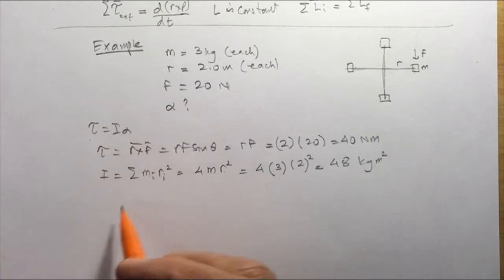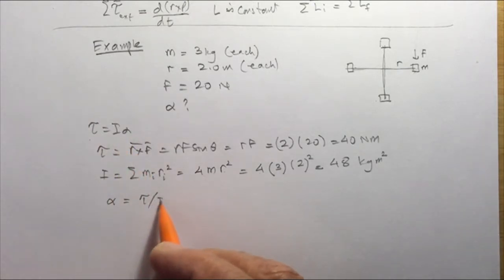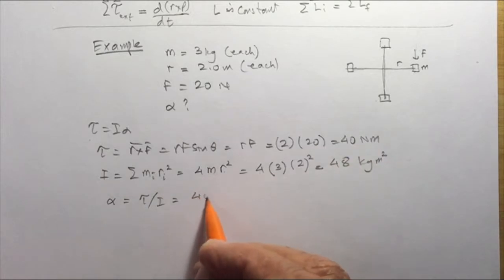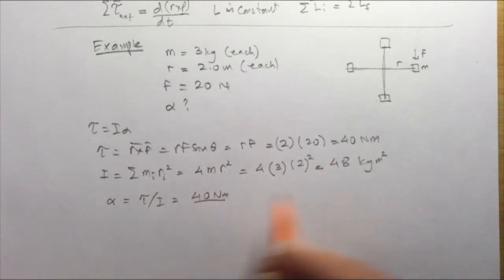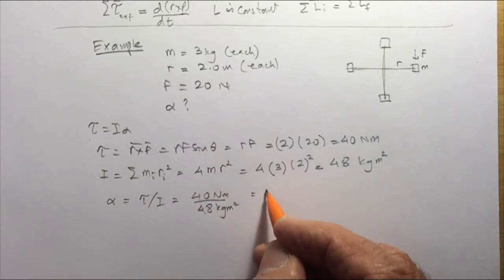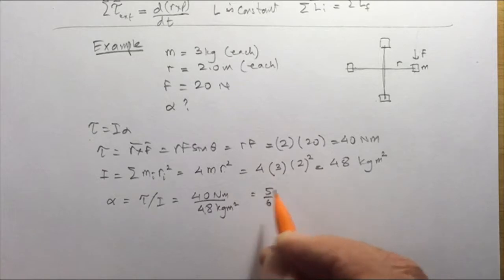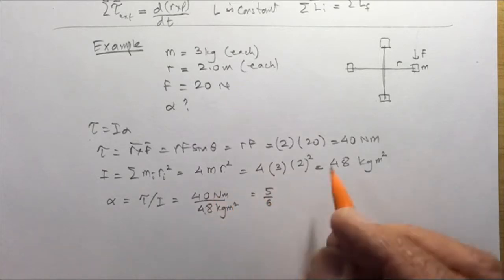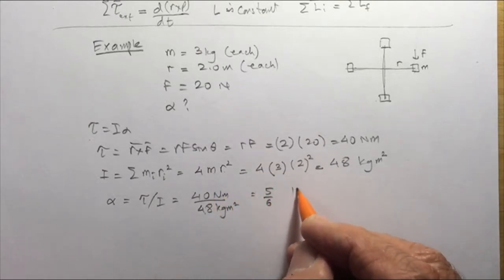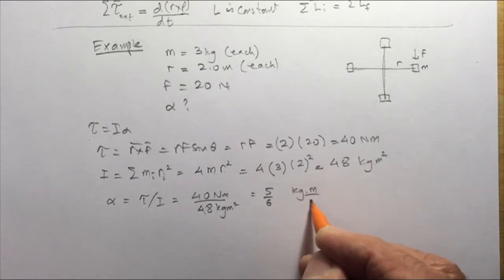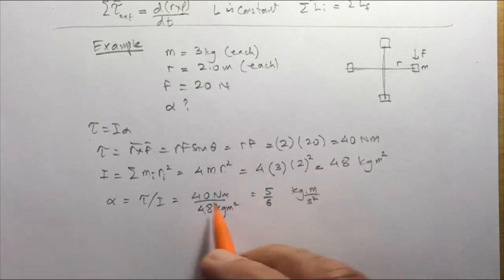So now we have the torque and the I. So alpha is going to be torque over the moment of inertia, which is 40 newton meters over 48 kilogram meter squared. So this is going to be 5 over 6, but let's look at the units. The newton is kilogram meters per second squared, that's ma.